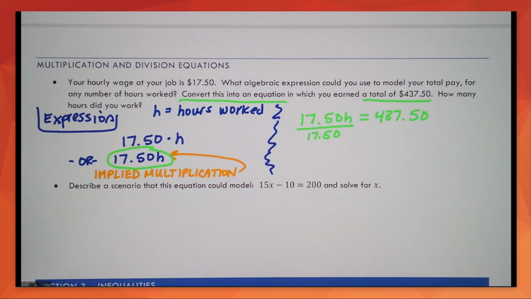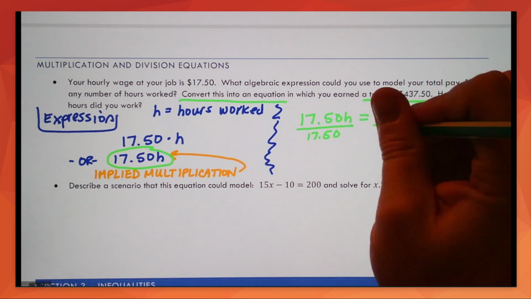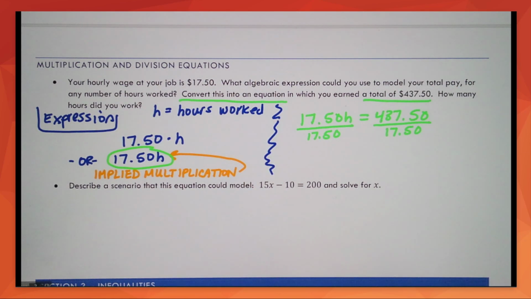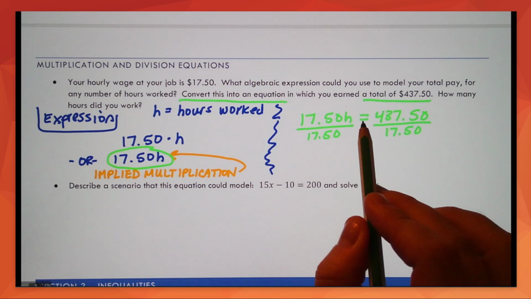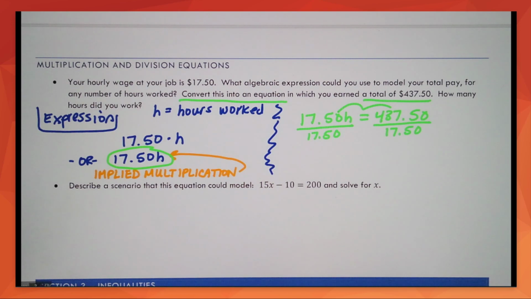But what did I say earlier about that equal sign? If you do something to one side, you also have to do it to the other. So I also need to divide this side by 17.50, okay? See how I'm doing that division by 17.50 on both sides, the left side of the equation and the right side of the equation, okay?